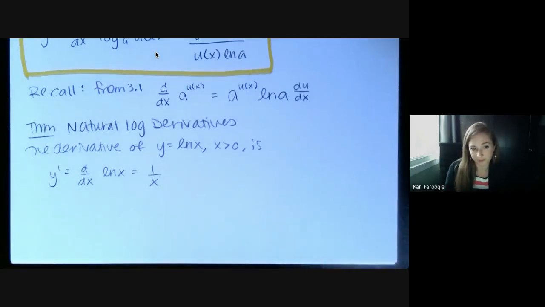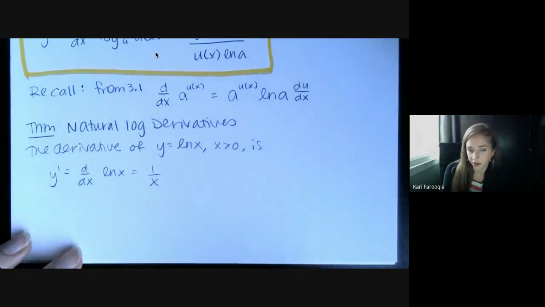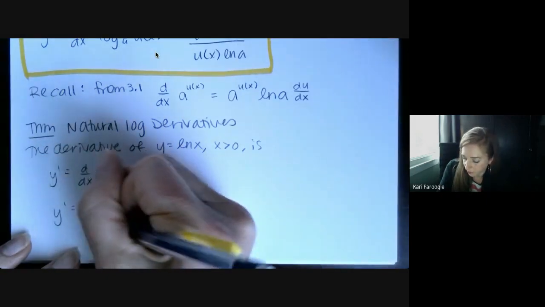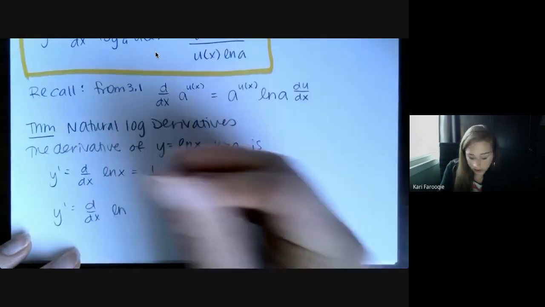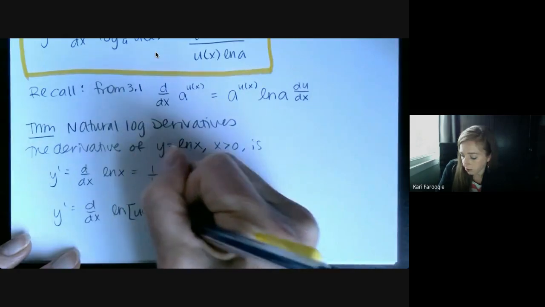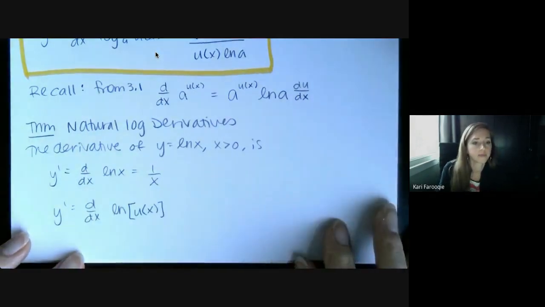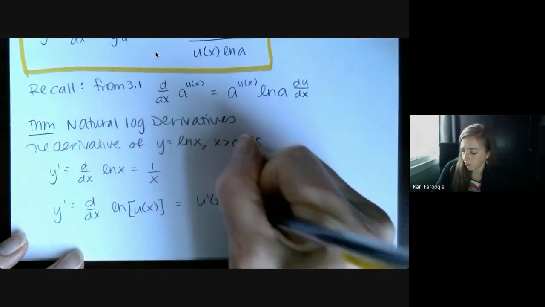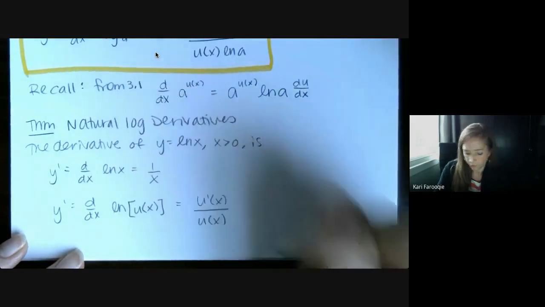If you're lucky. Otherwise you're going to get natural log of some function of x, and you're going to need to use the chain rule. No big deal. So let's say you're taking the natural log of some function u of x. That derivative is going to be u prime divided by u.